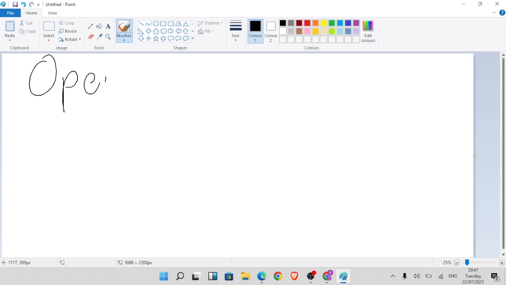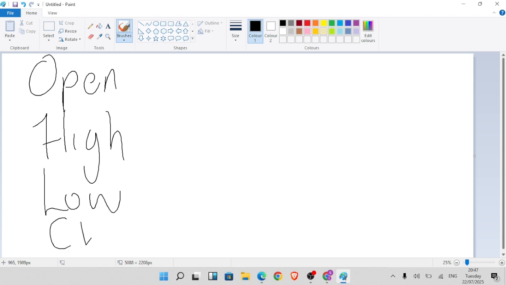Open, forms a high, forms a low, and then closes. This is when we are having a bearish candle.